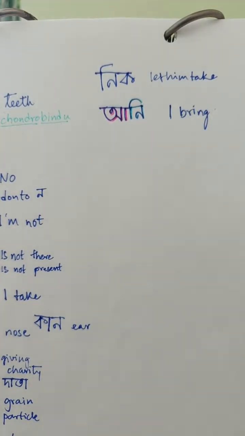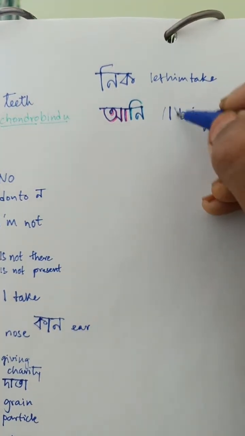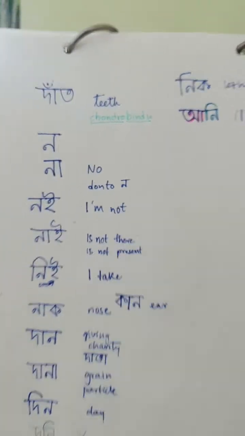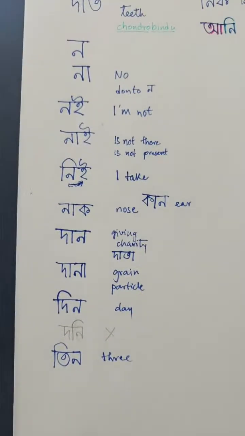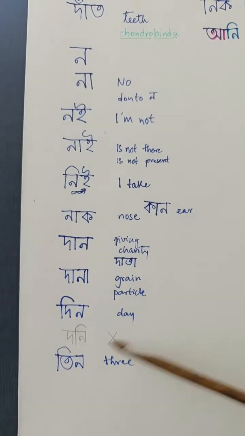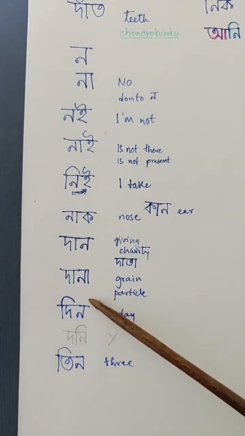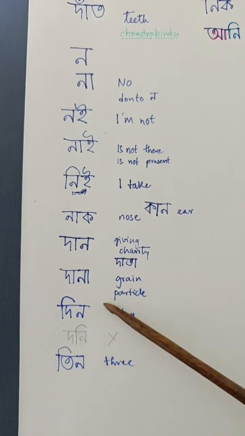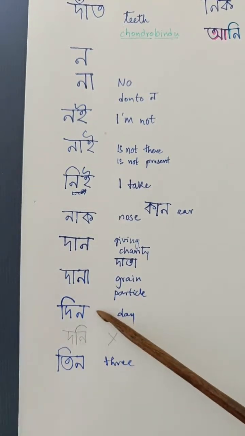Ami ani would mean I bring, so you would need to use ami for that. Ami ani. Okay. If you come back to this, here. Tin din. That means 3 days. If you count your days, ek din, dui din, tin din means 3 days.